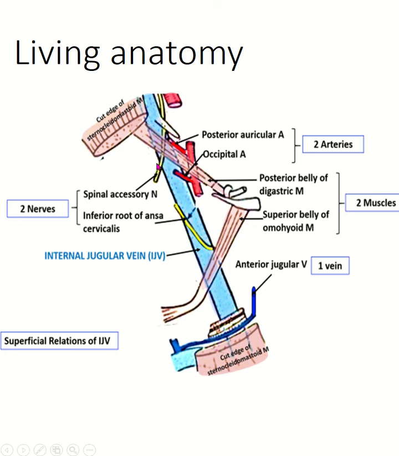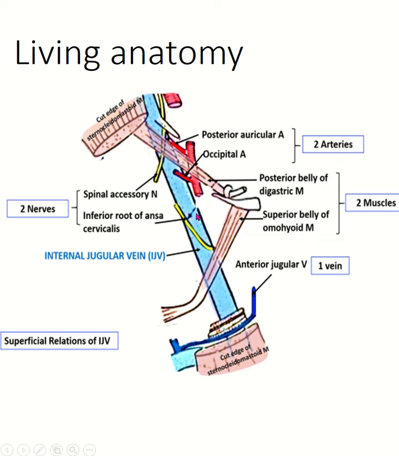These are the important relations of the internal jugular vein. It lies deep to the sternocleidomastoid muscle. It is cut and removed in this picture, and we also see two muscles related to the internal jugular vein. One is the posterior belly of the digastric muscle, another is the superior belly of the omohyoid muscle.